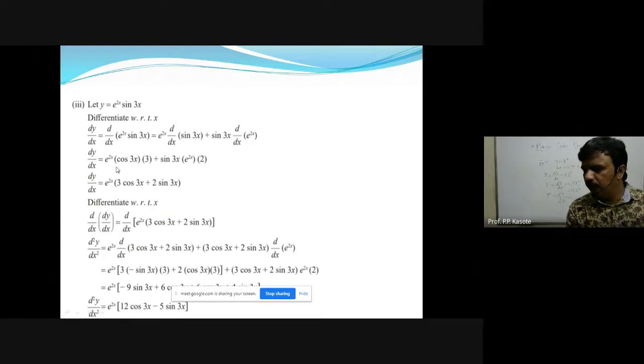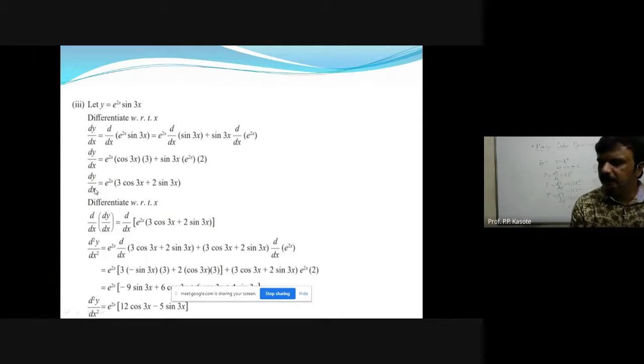Now here also you can observe that e raised to 2x is there in both the terms. Let us take e raised to 2x common. So what will remain inside the bracket is 3 cos 3x plus 2 sin 3x. We got the first order derivative.